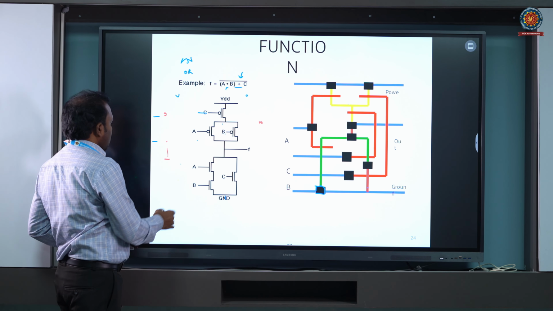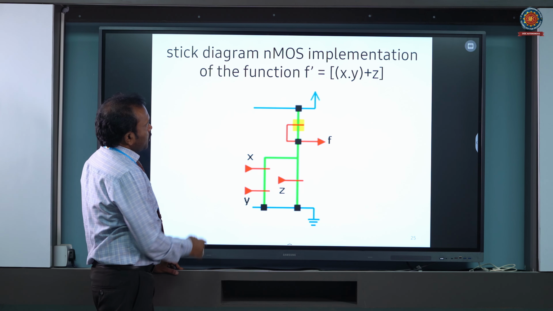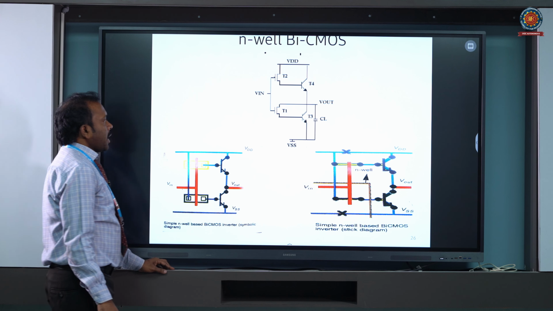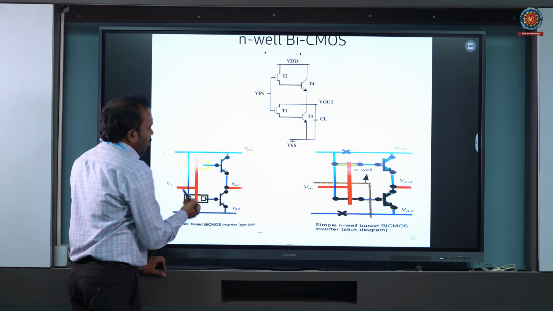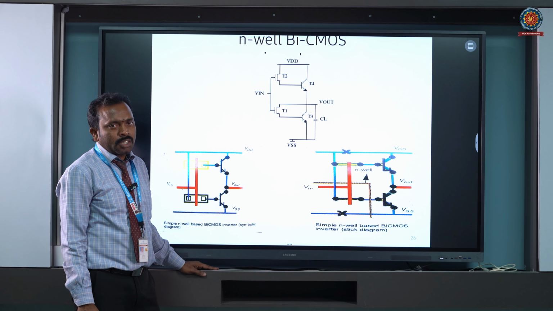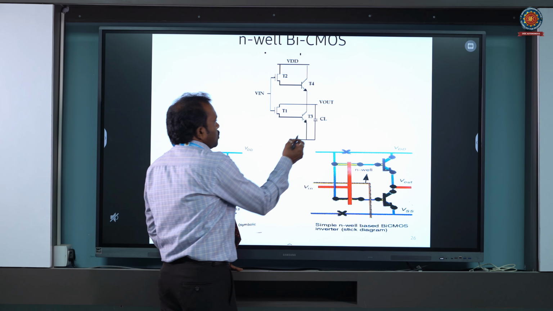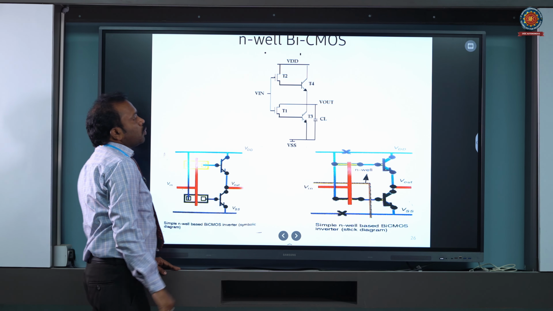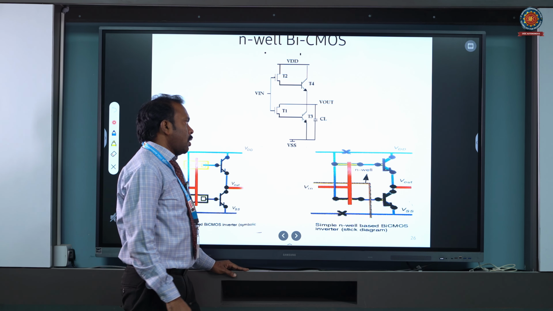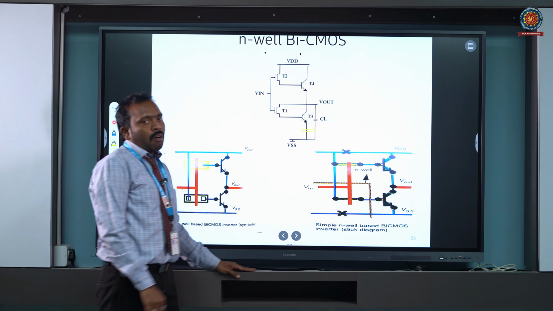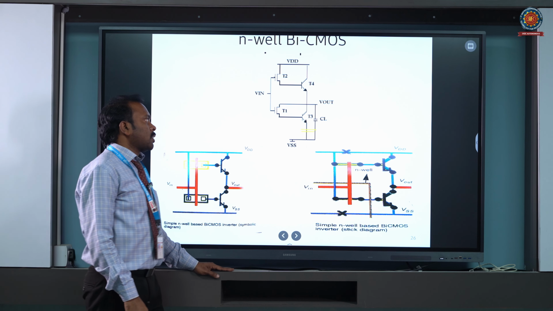Okay, let us go for next. Now this is the implementation of that. Some of the examples are there in BiCMOS technology. BiCMOS technology is nothing but CMOS followed by a BJT transistor, where the BJT is used to increase the output level, so that it can drive more load or to make the device respond faster.